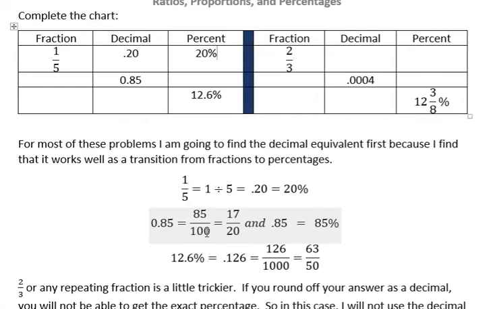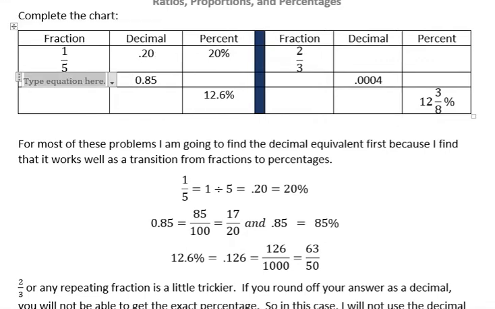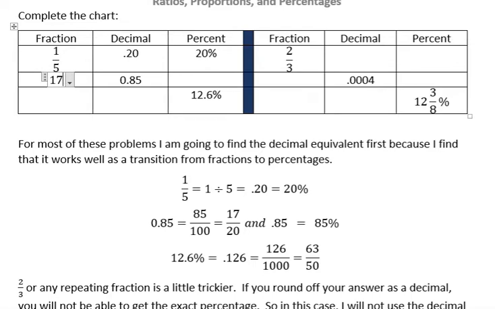You can use your calculator to reduce and ask your instructor how to do that if you don't know how to use your calculator. Or look it up on YouTube. Reduce that to 17 over 20. All I did to reduce that was to divide both the top and the bottom by 5. So our answer here for the chart here is 17/20ths.